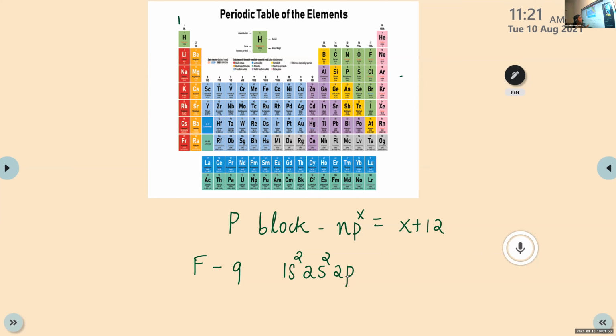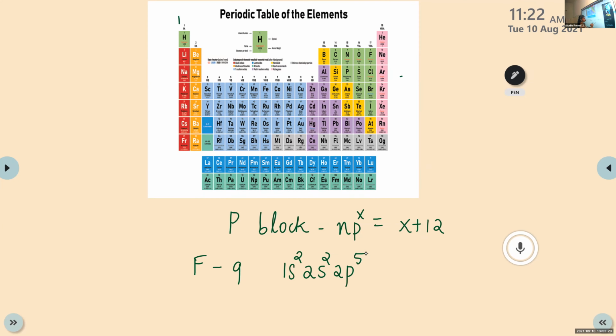Look at the number of electrons here. It is 9, and the maximum capacity of the p subshell is 6. So tell me, already 4 electrons are filled. Then 2p5.